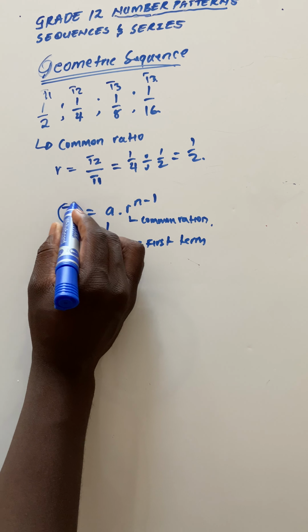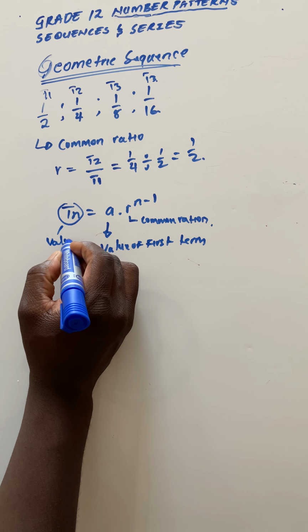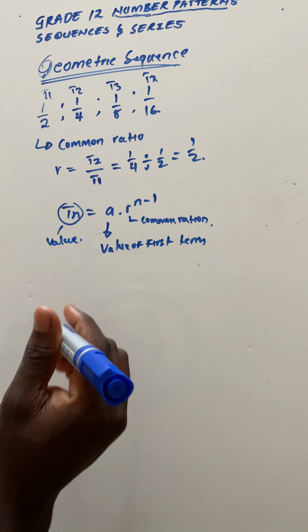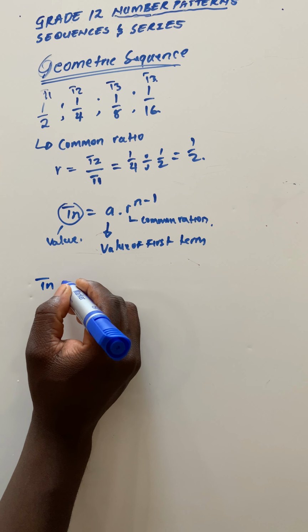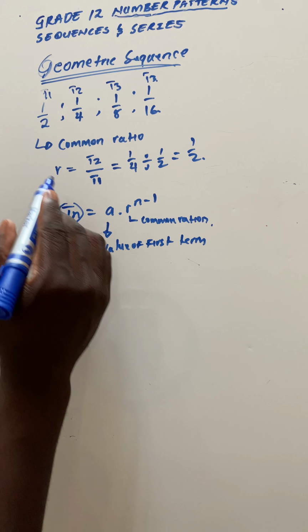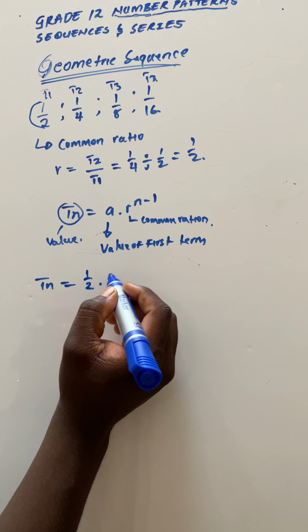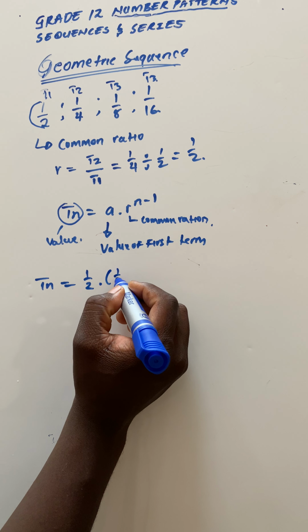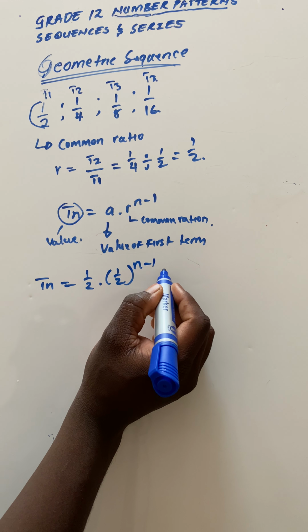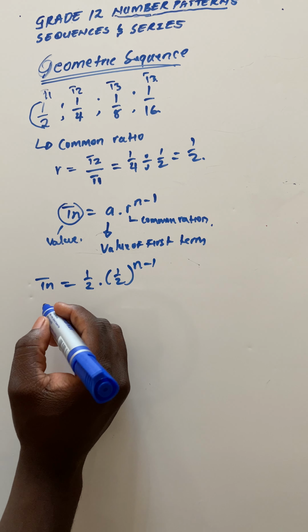Tn represents the value of the term. So the formula here will be Tn equals, the first term being 1 over 2, times R, which is 1 over 2, to the power n minus 1. That is how we get our formula.